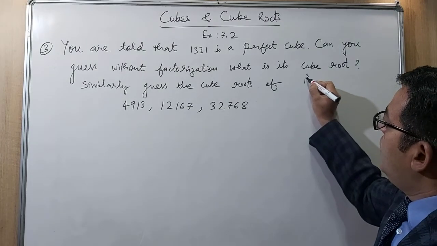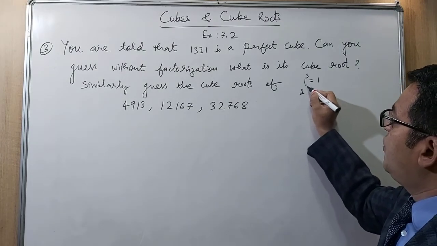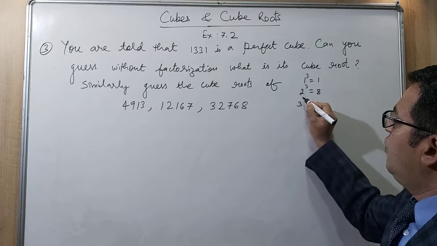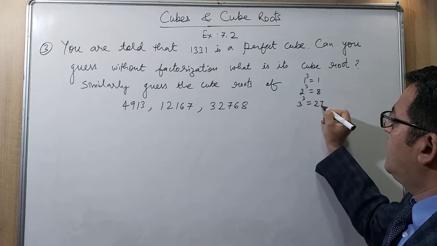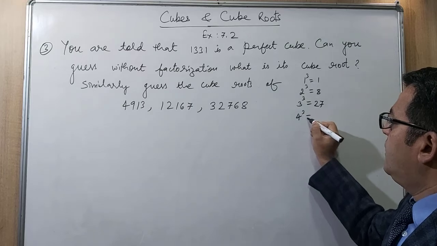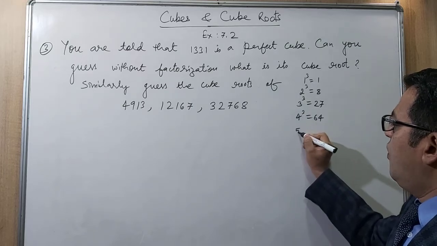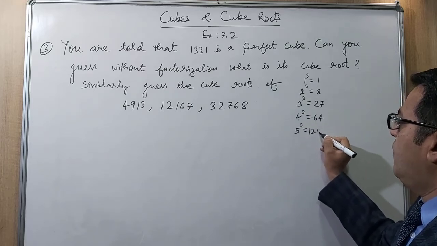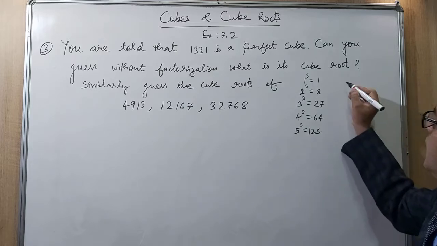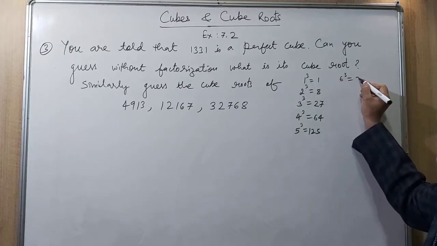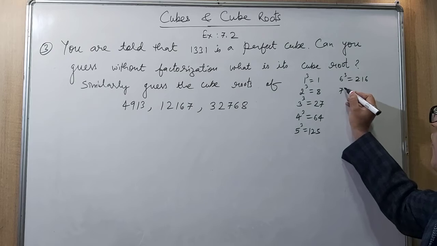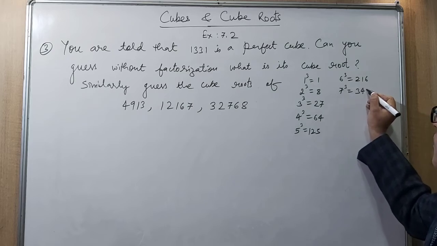Cube of 1, we know that it is 1. Cube of 2 is 8. Cube of 3 is 27. Cube of 4 is 64. Cube of 5 is 125. Right? Cube of 6 is 216. Cube of 7 is 343.